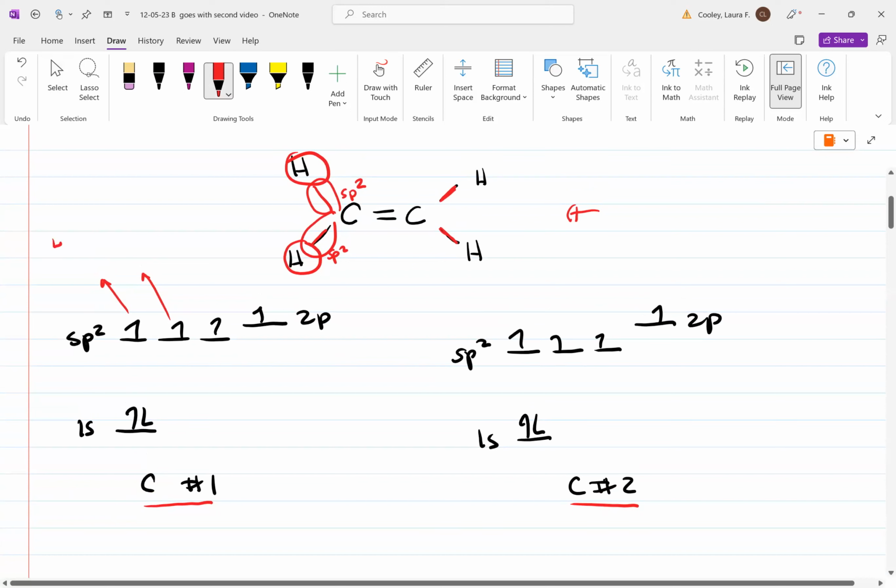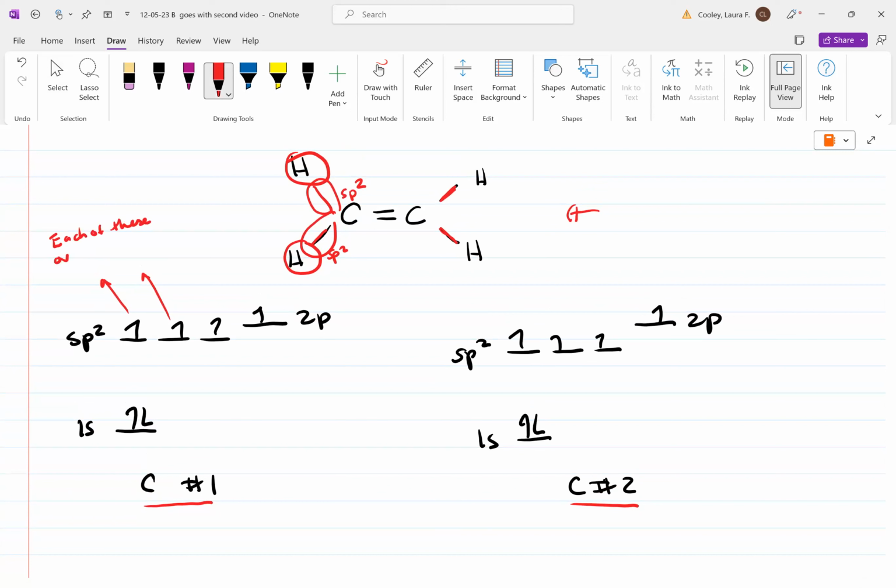So each of these overlaps with 1 hydrogen 1s. So you will have a sigma sp2-1s, and a sigma sp2-1s. Why is it sigma? Because here's the hydrogen nucleus, here's the carbon nucleus.